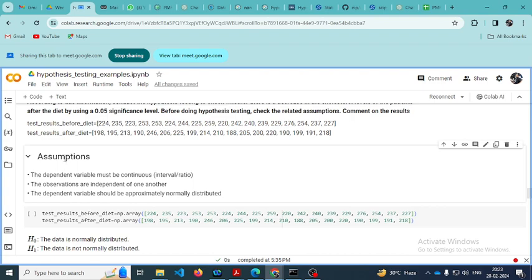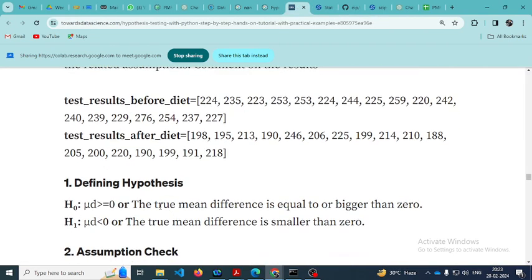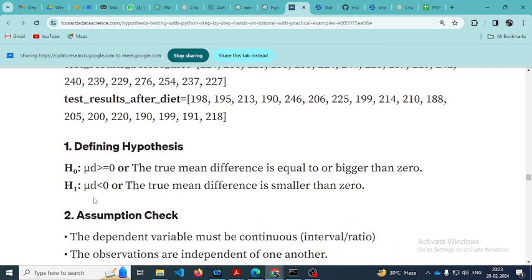So what is your hypothesis? You need to define your hypothesis, right? That is H naught: mu d, the diet mean difference of that particular group, is greater than or equal to 0. That means the two mean differences are equal to or greater than 0.